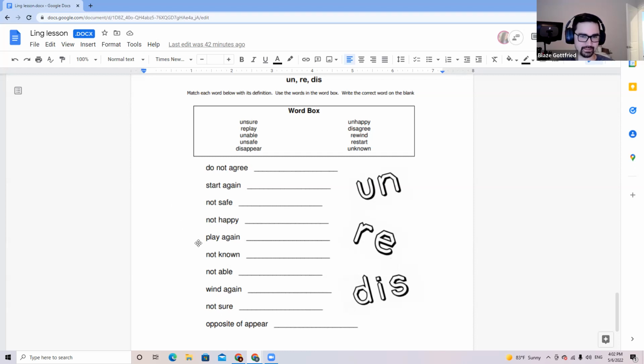So this last one is kind of a little trick one we threw in there to see if you guys can get it. If not, that's okay. So if the opposite of appear, there's not any like this on here before, so you can't just look at the other ones. The opposite of appear, do we remember what something that was the opposite was? That's right, it would be disappeared because the dis makes it something different.